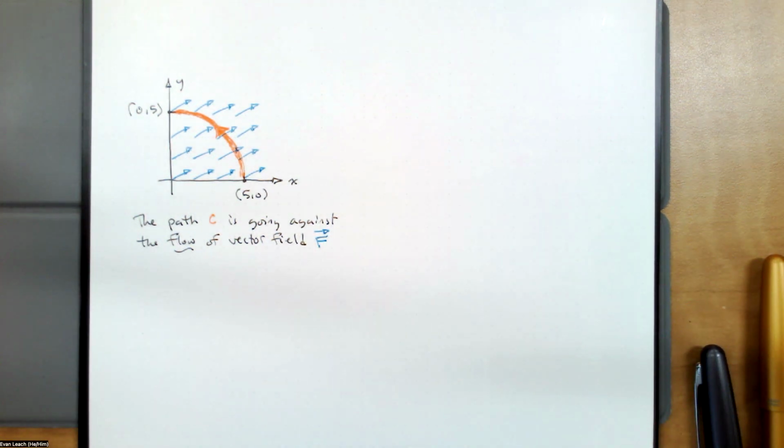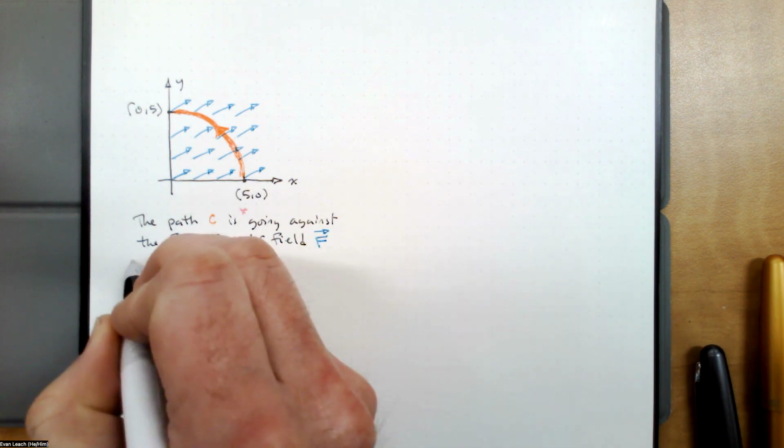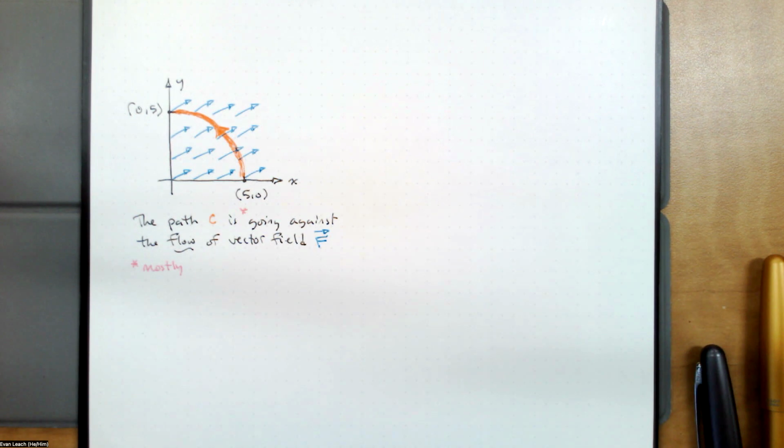The path C is generally going against the flow of the vector field. Mostly.